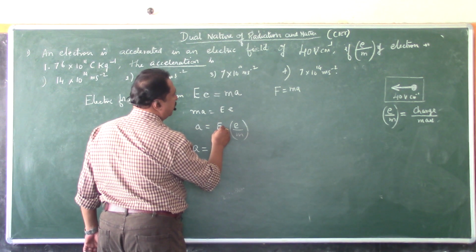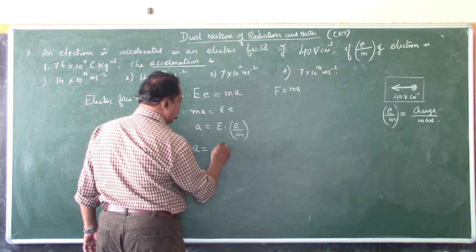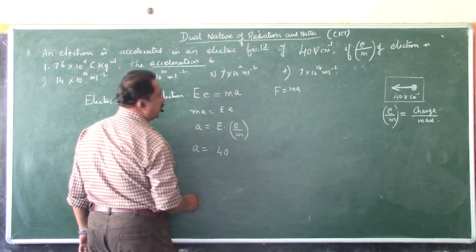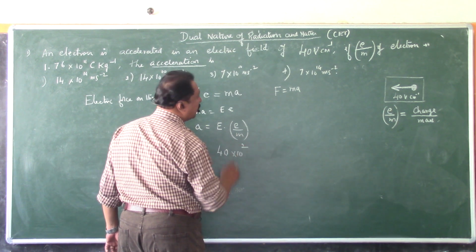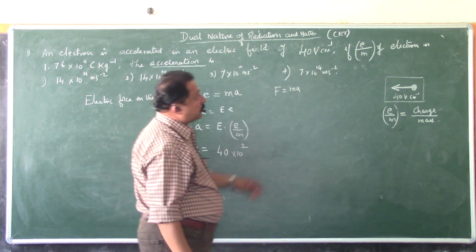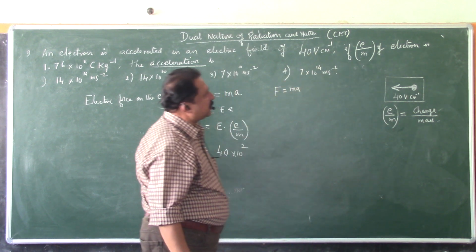the electric field. It is accelerated in an electric field of strength 40 volts per centimeter, it's not volts per coulomb, it is 40 volts centimeter to the power minus 1.